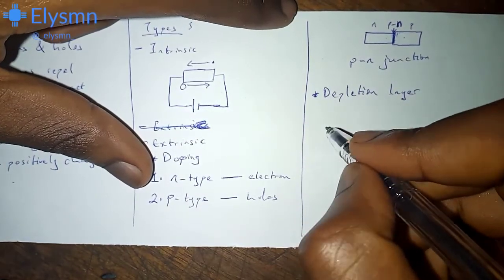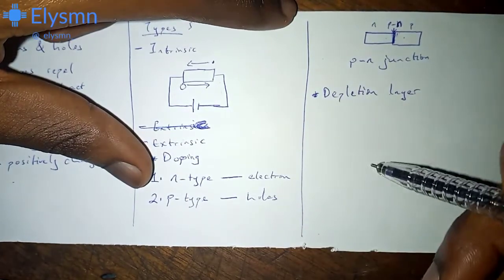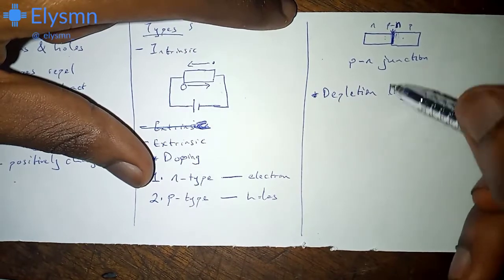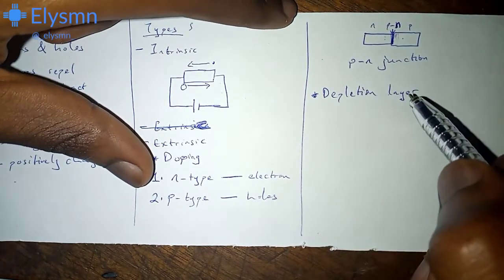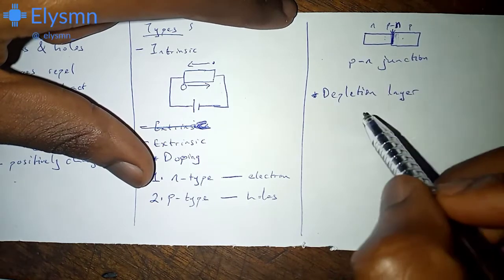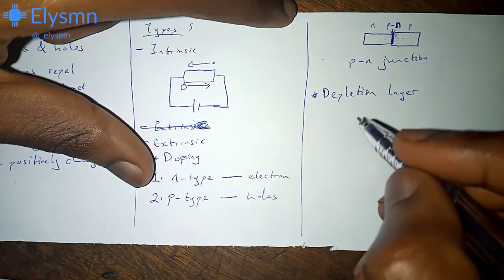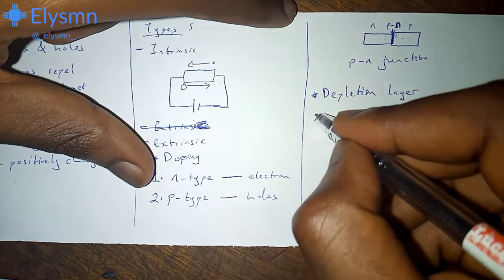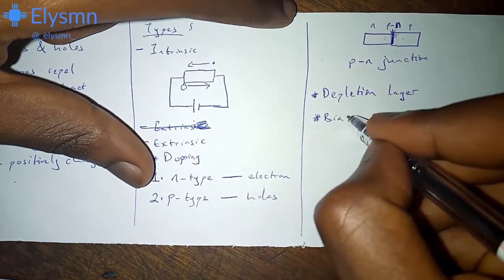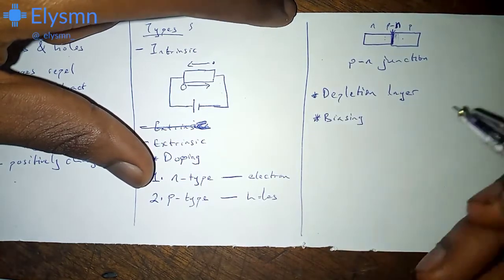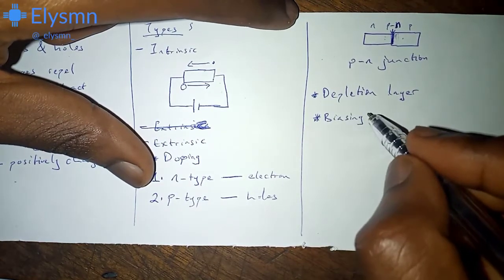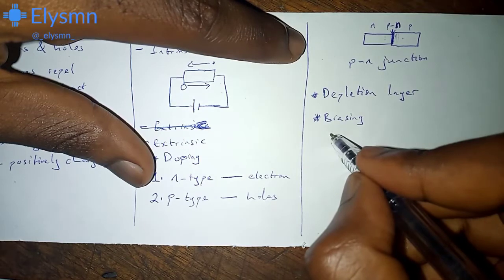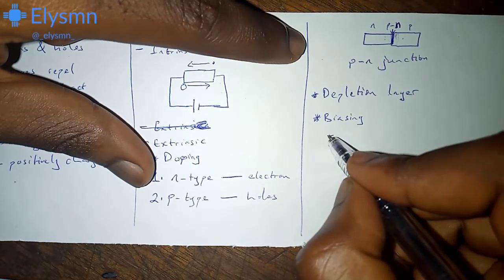Whenever energy is being passed into the p-n junction to change the shape of the depletion layer to either make it wider or make it slimmer, we call that biasing. So whenever you try to make the depletion layer thinner, we do what you call forward biasing.